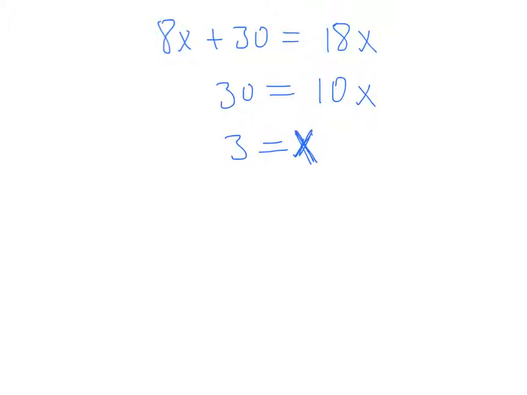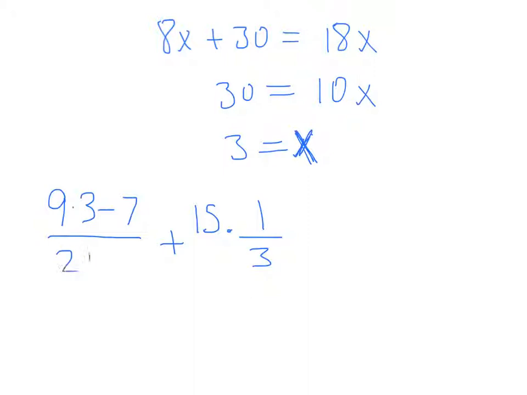So the number is 3, and then you just go back and read through it, replacing it. You've got 15 times the reciprocal of a number. Well, the reciprocal of 3 is 1/3. That's already going to cancel to make 5. Added to the ratio of 9 times the number, that's going to make 27, minus 7, and what was the other one? 2 plus the number? 2 more than the number?